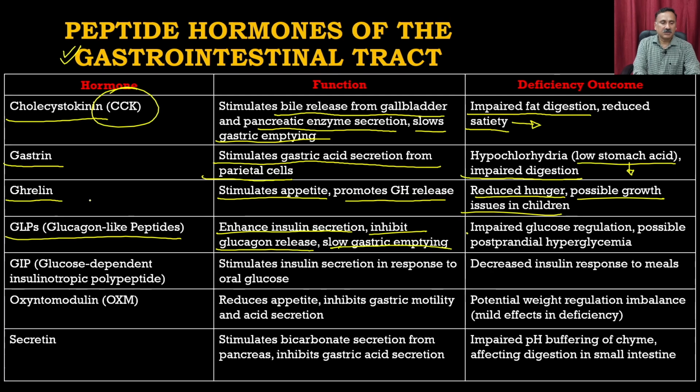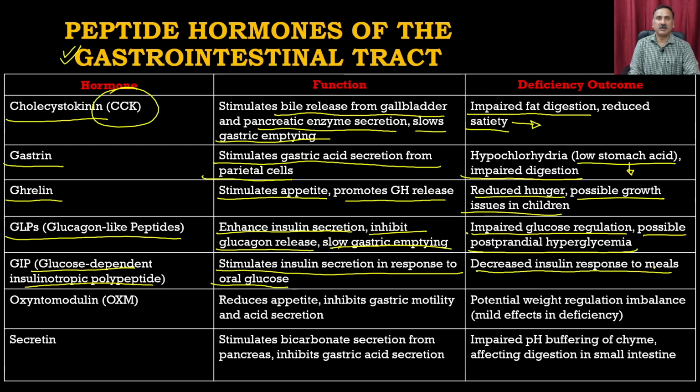If there is a deficiency, then there will be impaired glucose regulation and possible post-prandial hypoglycemia. Then we have the glucose-dependent insulinotropic peptide, and that stimulates insulin secretion in response to oral glucose. And if there is a deficiency, it is going to decrease insulin responses to meals.